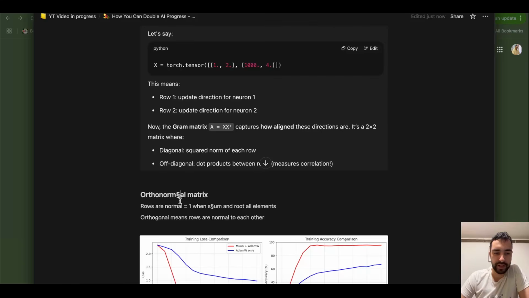So we want to first make the rows normal. So when we do the sum of squares and then take the root of the result, we want to get 1. And we also want to make the rows orthogonal to each other.